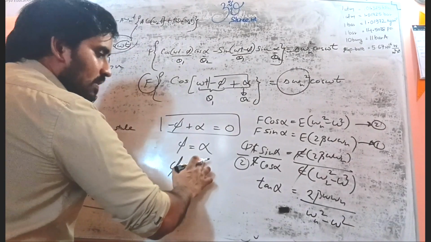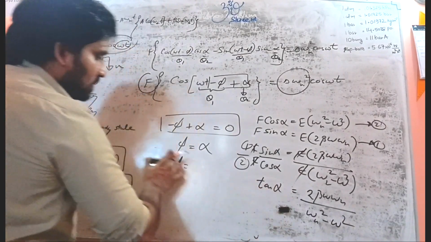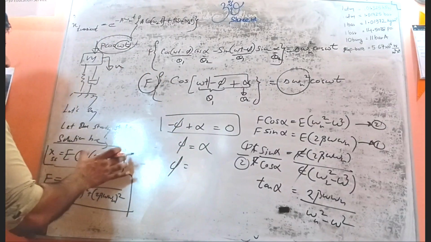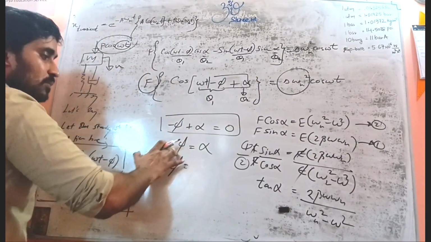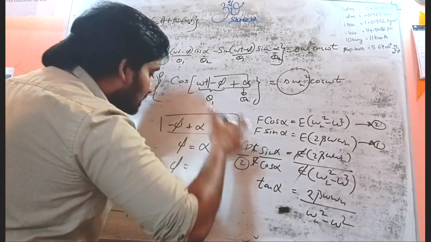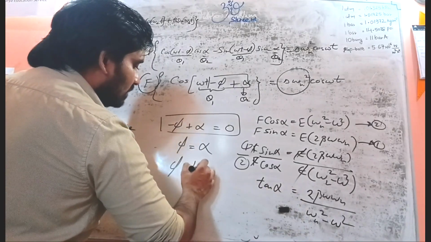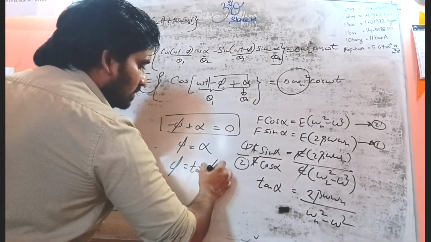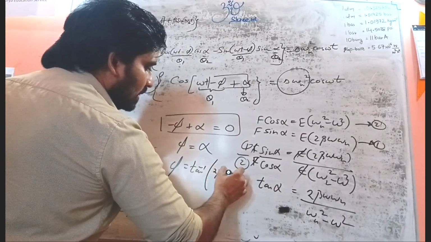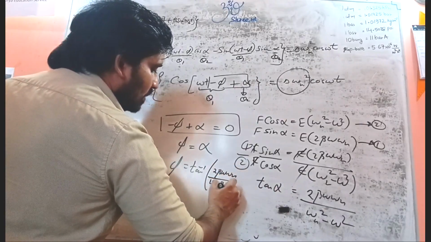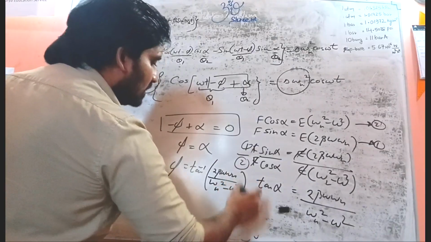So alpha will be tan inverse of 2 beta omega n divided by (omega n squared minus omega squared).